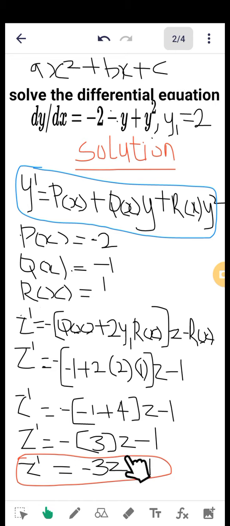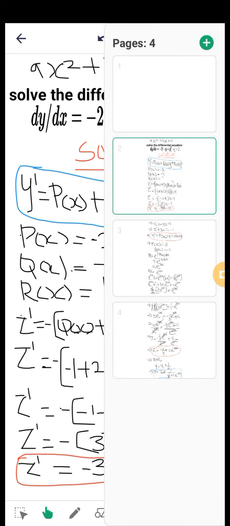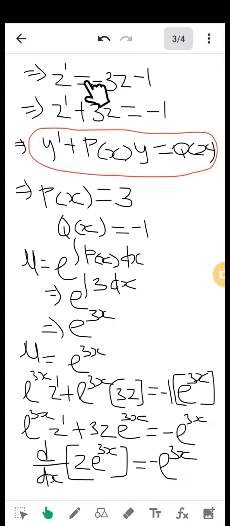So we can see that this equation is in linear form. We bring the 3z to the left hand side so that we maintain the -1 here. So we write the equation in the form y prime plus p of x y equals q of x.